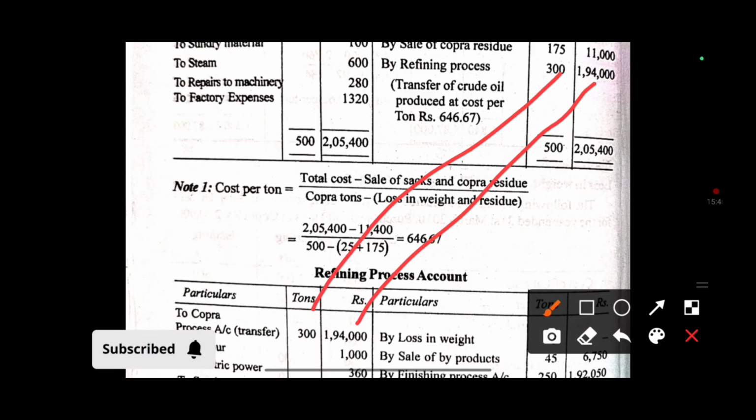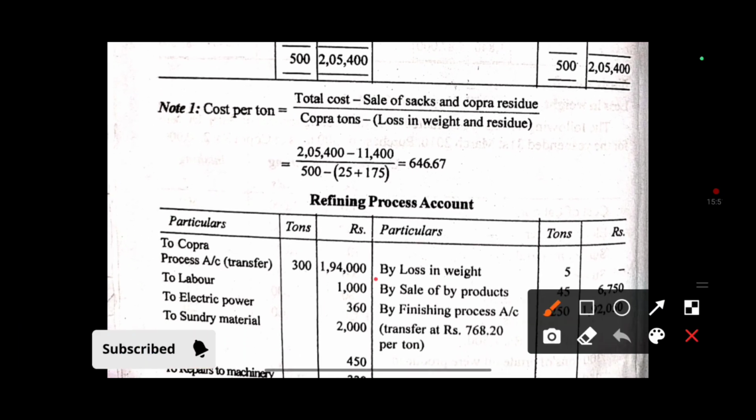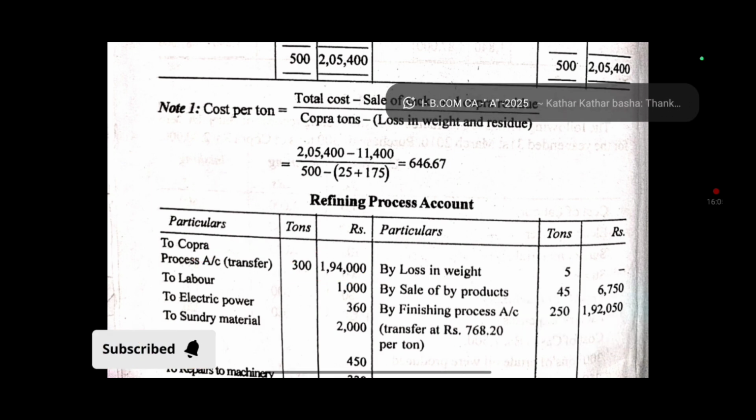So the input value of the refining process is 300 tons and 1,94,000 rupees. Against this value you are going to write copra process account, because these two values are transferred from the copra process account.